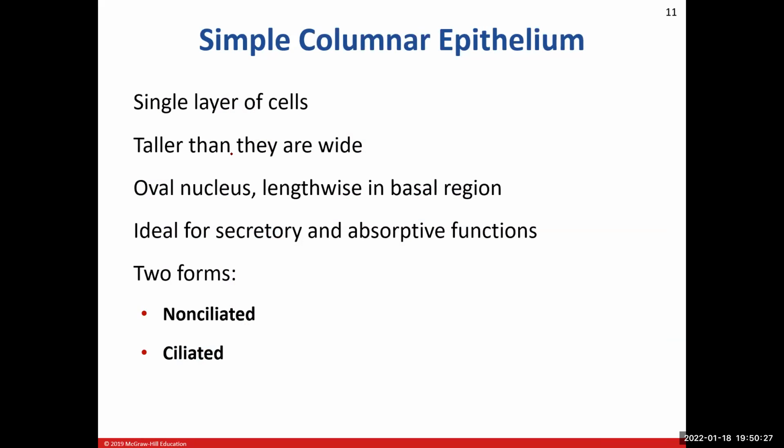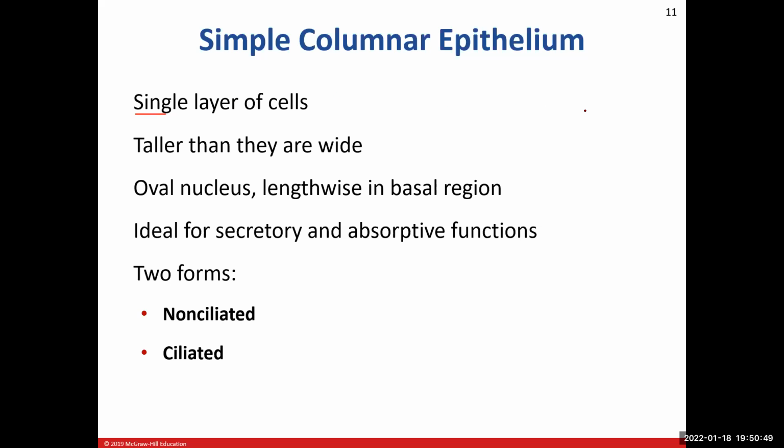All right, staying with simple epithelium, we're now going to change our cell shape once again and talk about simple columnar epithelium. Again, simple tells us we're dealing with one layer of cells, but now these cells are going to be taller than they are wide, much like a column that's holding up a building.